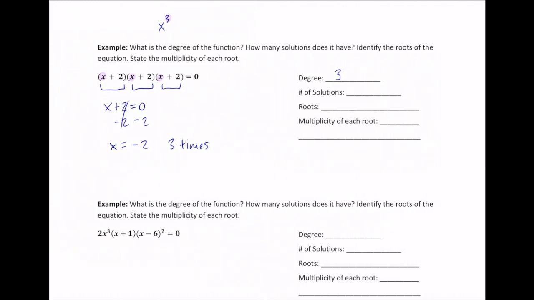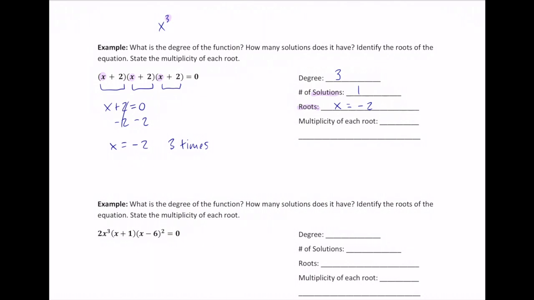My number of solutions, I just get that x is equal to negative 2. That's one solution here. We can identify the root as being x is equal to negative 2. That is my solution, because remember, solution means the same thing as root. So we had one of those at x equals negative 2. Then we want the multiplicity.